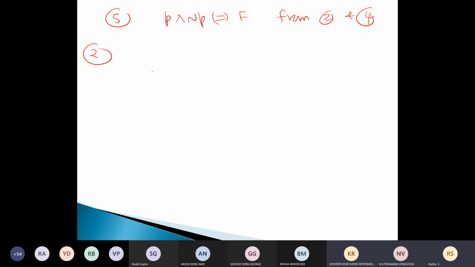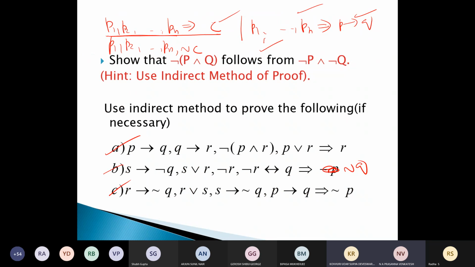To prove P implies Q, Q implies R, not of P and R, comma, P or R implies P implies Q, Q implies not of P and R, comma, P or R implies.